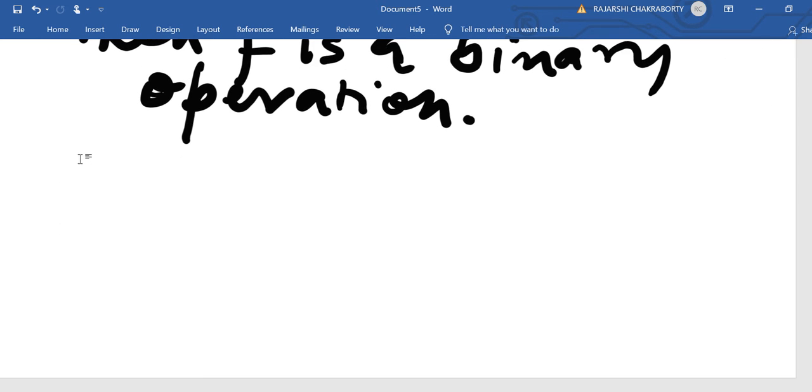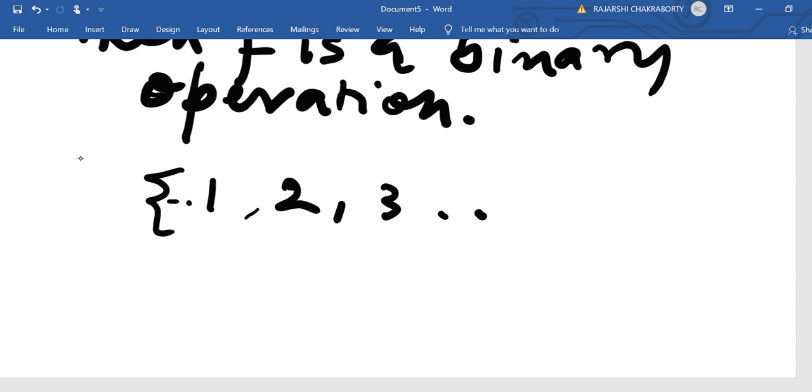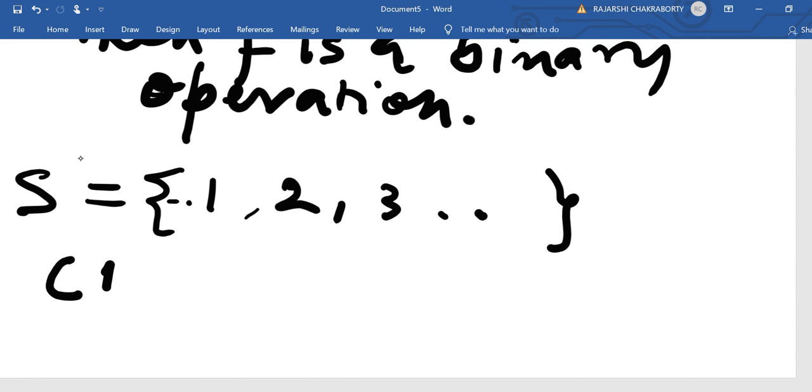So to give you an example, suppose you have the set of all natural numbers, and this we name as S. Then we have the ordered pair 1, 3.